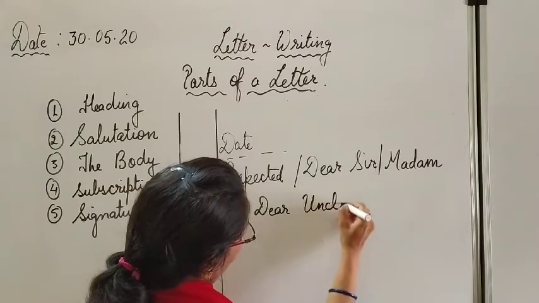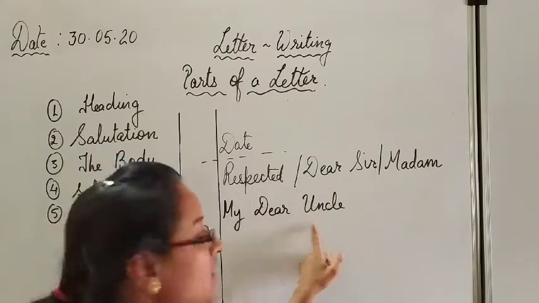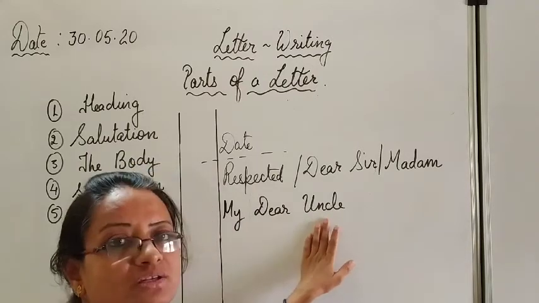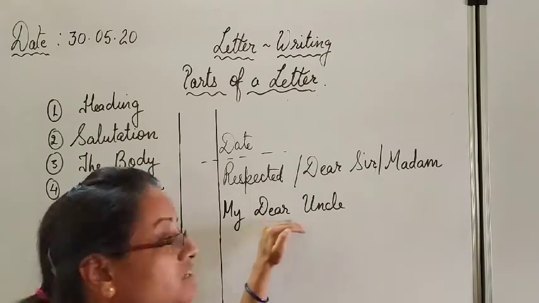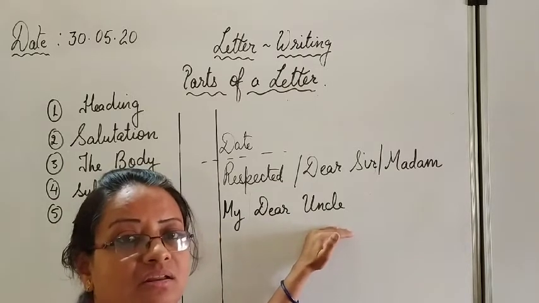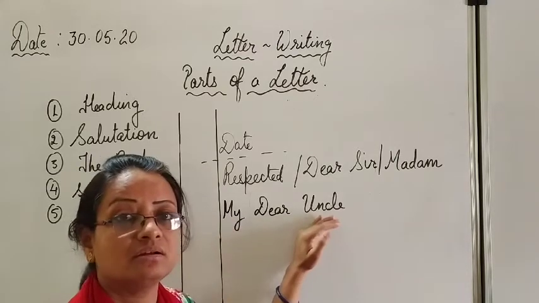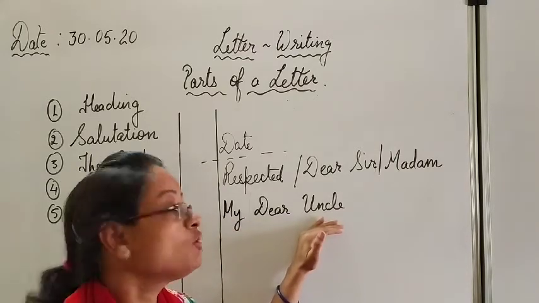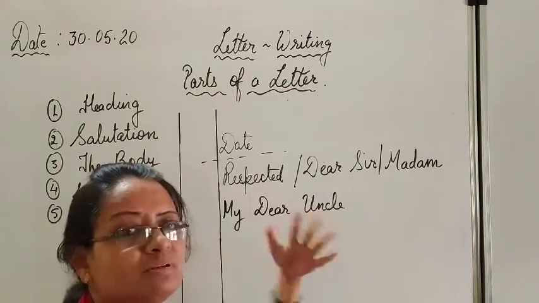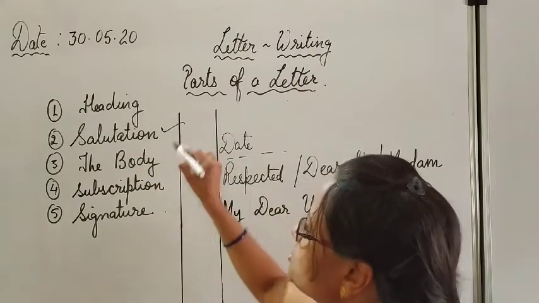Suppose you are writing to your uncle, my dear uncle, with capital M, D and U in all three words. If you are writing to your father or mother, my dear papa, my dear mummy, or my dear father, my dear brother. If you are writing to your friend, you may write my dear Rohit, my dear Upasna, whatever, or even simply my dear friend. Clear? This is the salutation.